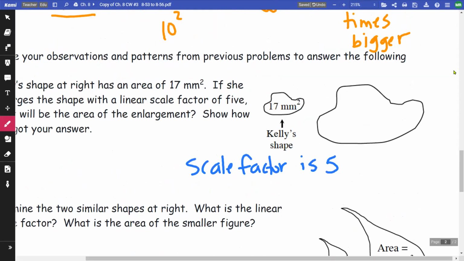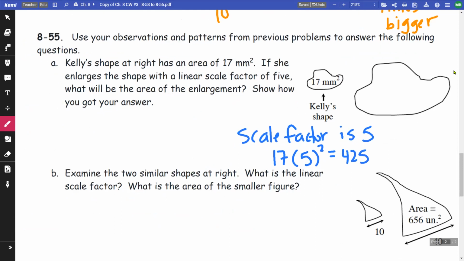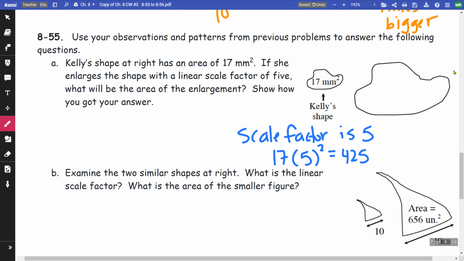I'm going to take the area, which is 17, and I'm not going to multiply it by 5, but by 5 squared. So 17 times 25 is going to be 425. Whatever your scale factor is, you're going to take that number, square it, and that's how many times bigger, or maybe smaller, depending on how we're going, the area is for your new figure.